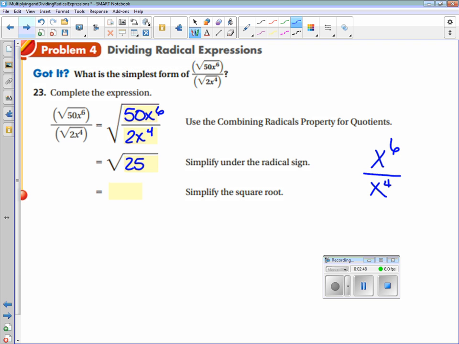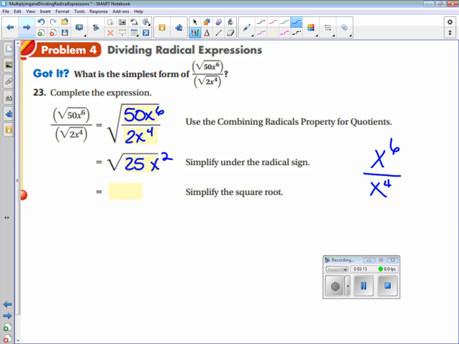Remember, if they were next to each other, I would be multiplying them, and I would add those exponents. But when I'm dividing them, I end up subtracting. So 6 minus 4, I know I just have x squared. There is nothing in the denominator anymore. It's just 1. But I don't have to write it as a fraction any longer.